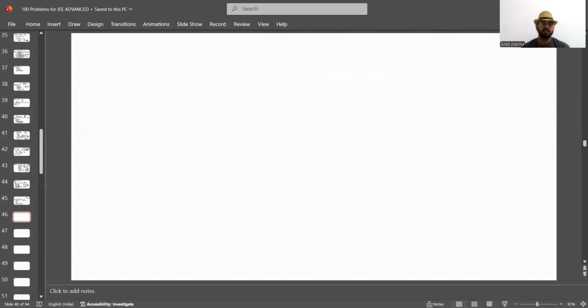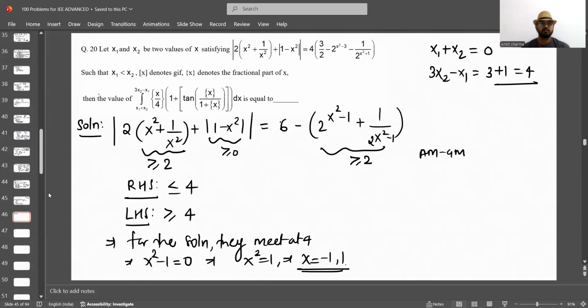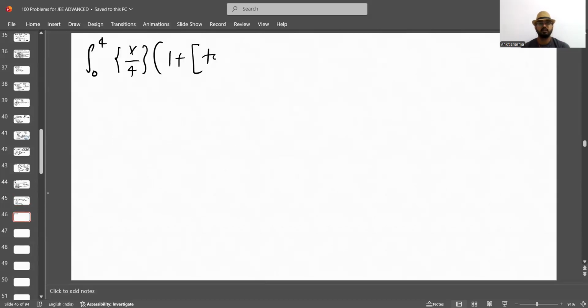So let's see. That means I'm going to integrate from 0 to 4 the fractional part of x over 4 into 1 plus GIF of tan of fractional part of x over 1 plus fractional part of x, and then dx.